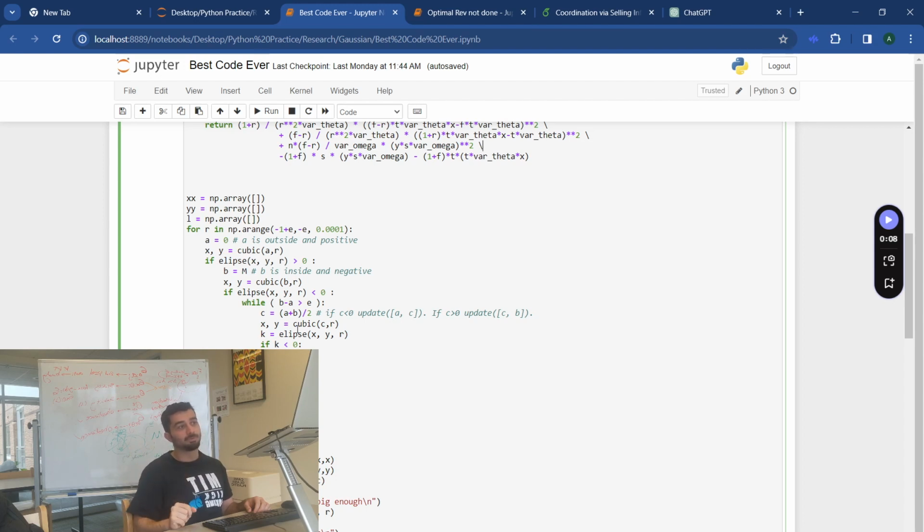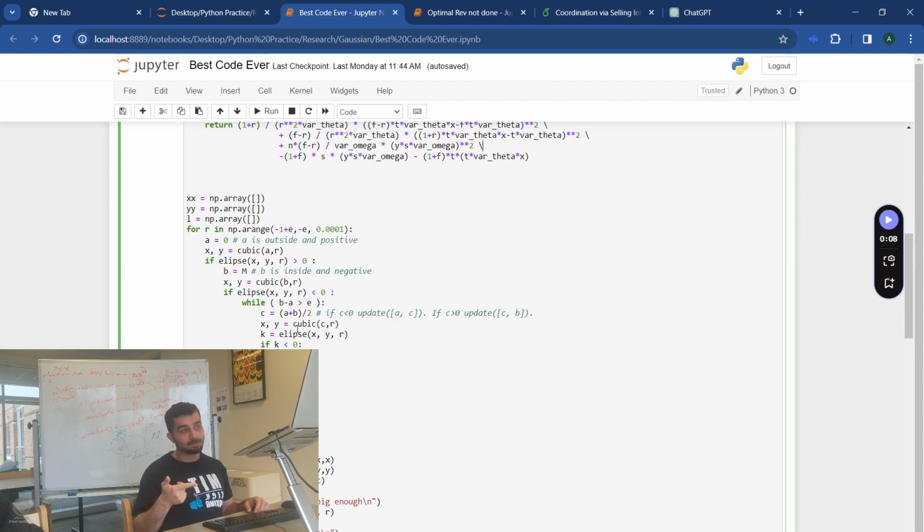Wait, what happens when we break? We go for the next r, exactly. If k is greater than 0, we are outside. We need to take c and b. Exactly.